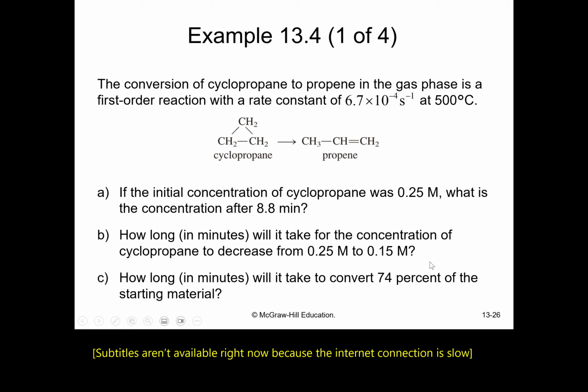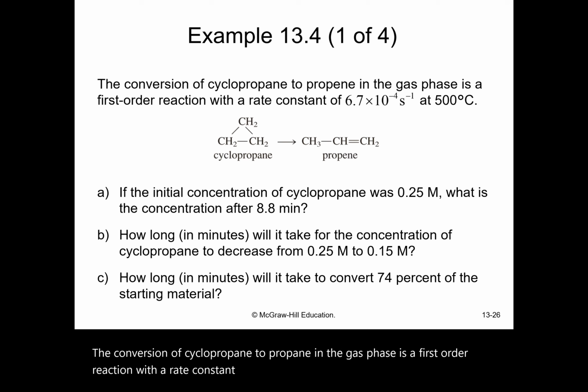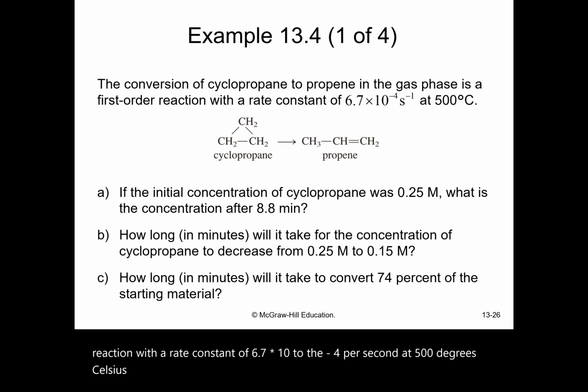We have an example here. The conversion of cyclopropane to propane in the gas phase is a first order reaction with a rate constant of 6.7 times 10 to the negative 4 per second at 500 degrees Celsius. If the initial concentration of cyclopropane was 0.25 moles, what is the concentration after 8.8 minutes?